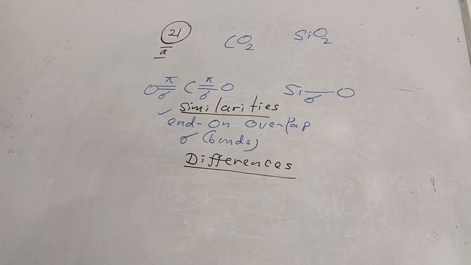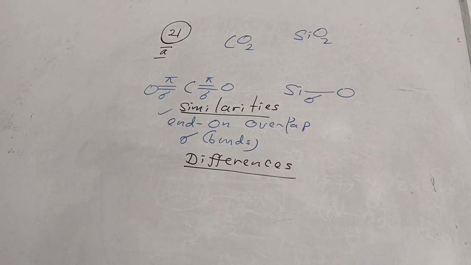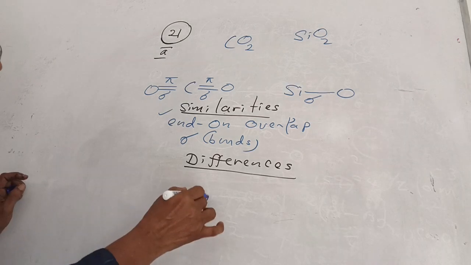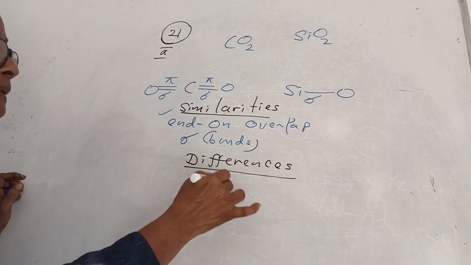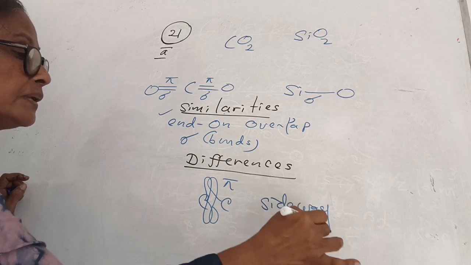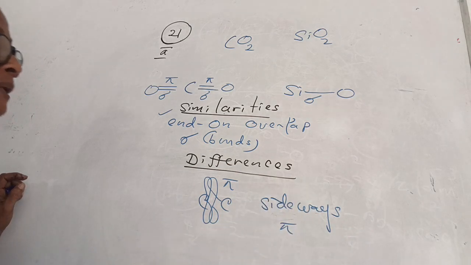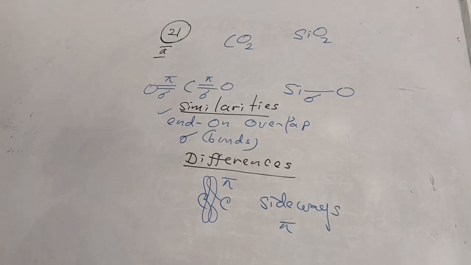It gives you just 3 marks. The difference is that there is a sideways overlap between two p orbitals in carbon dioxide, which creates a pi bond between carbon and oxygen. Sideways overlap creates a pi covalent bond in carbon dioxide, which is not present in the silicon and oxygen bond.